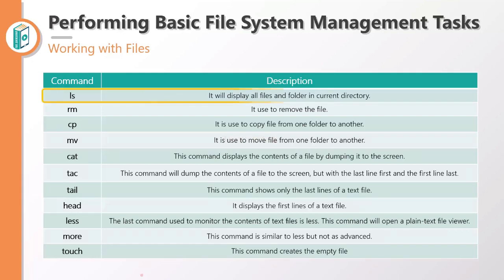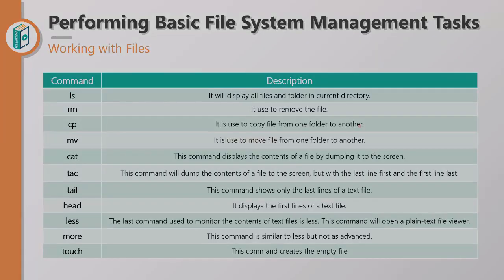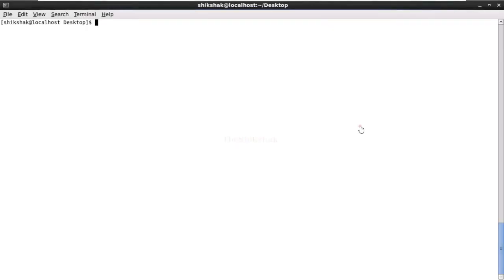First is your ls. ls क्या करता है? It will display all files and folders in the current directory. To manage files on a server, you must first know what files are available on the server. For this purpose the ls command is used. Let's see ls, which shows whatever files are available on your desktop.